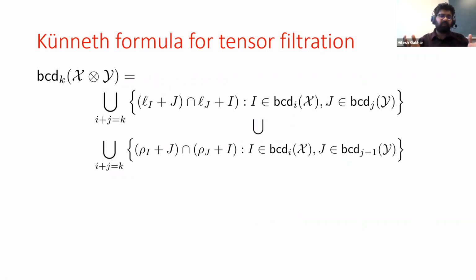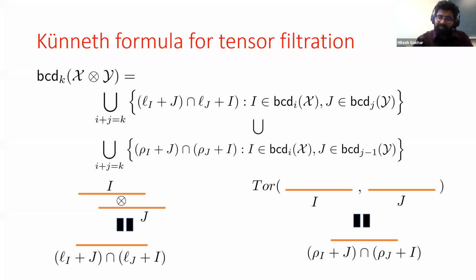So this is what the formula says. If you're trying to compute the kth barcode of X tensor Y, it's going to be a bar of either this form or this form, where Li represents the left endpoint of an interval, a bar I, and rho I represents the right endpoint of I, and Li plus J just means that you're shifting the entire bar J by Li.